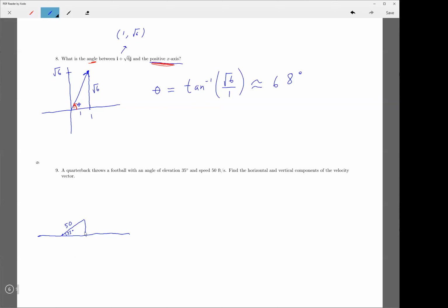If the hypotenuse is 50, and it's a right triangle, and this is 35 degrees, then what's this side going to be? Sine. So you do 50 sine 35. Exactly. And this one's going to be the cosine, right? Okay, so put your calculator into degrees mode.